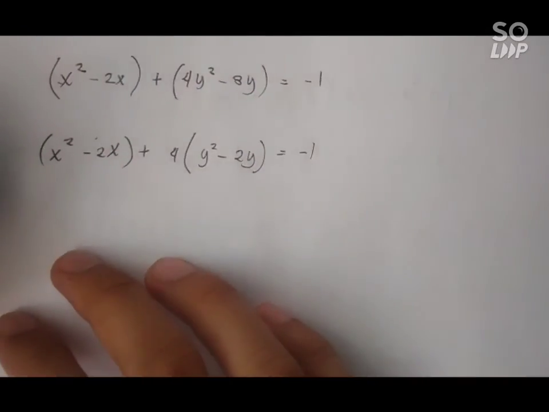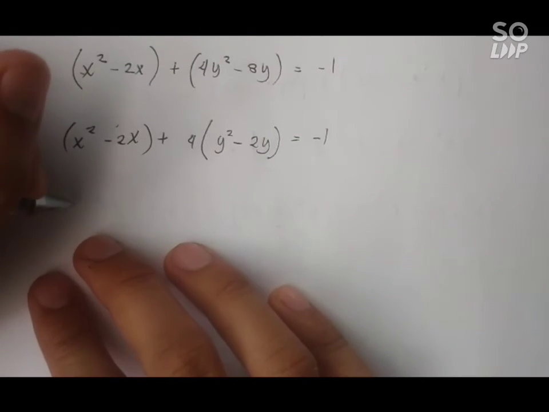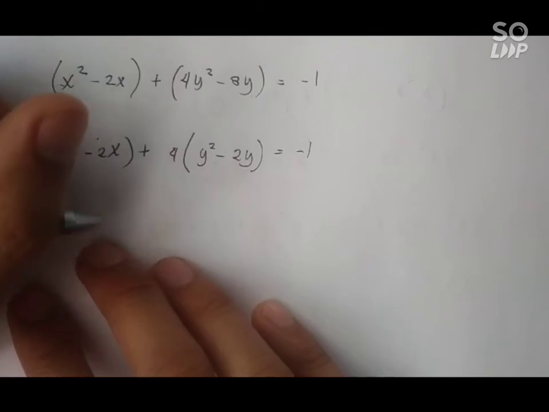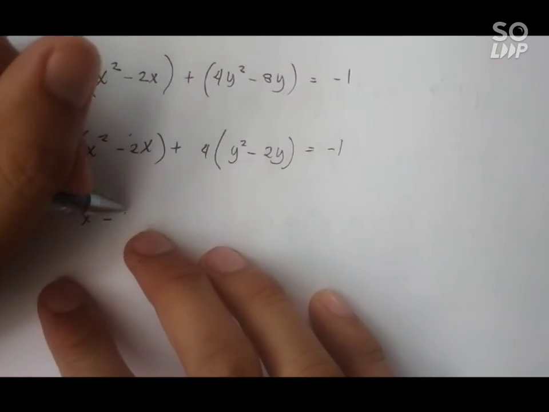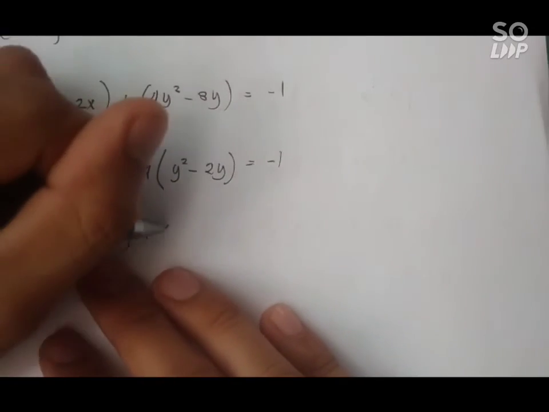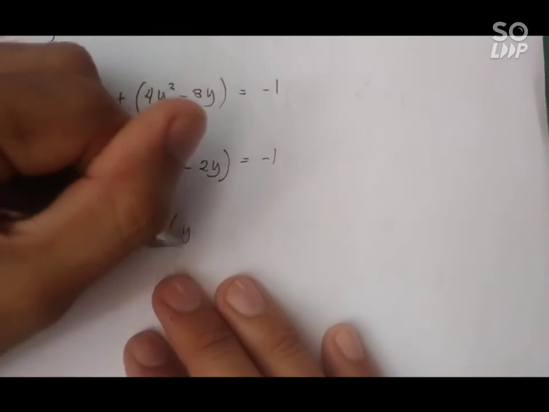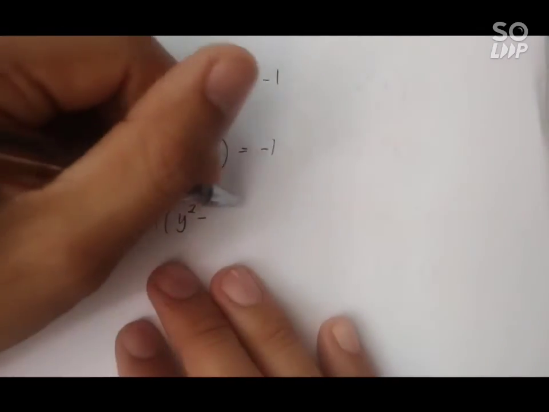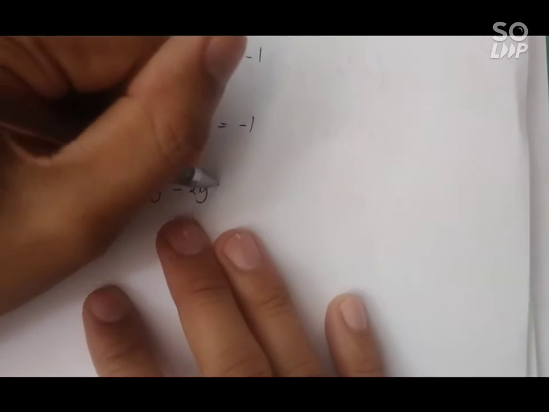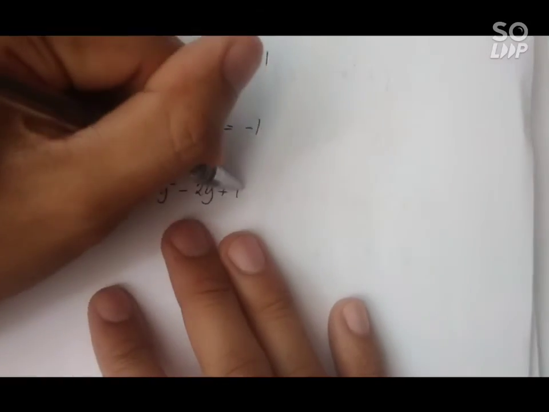So karon ato na siya completing the square, so x squared minus 2x, 2 divided by 2 is 1, so 1 times 1 is 1, so plus 1, so plus 4 y squared minus 2y, 2 divided by 2, 1, so 1 times 1 equals 1, so 1 gyud ko na.